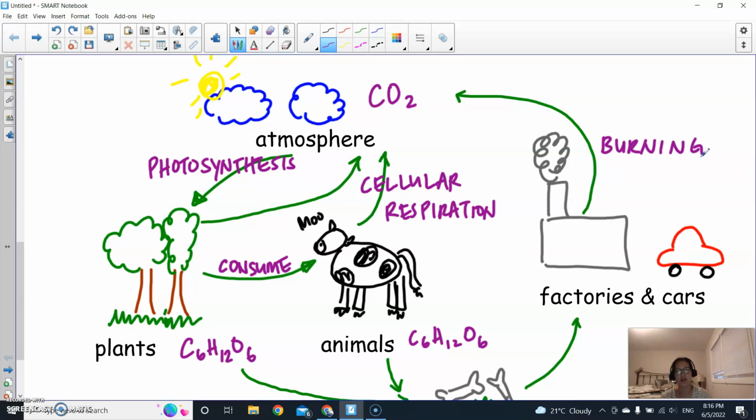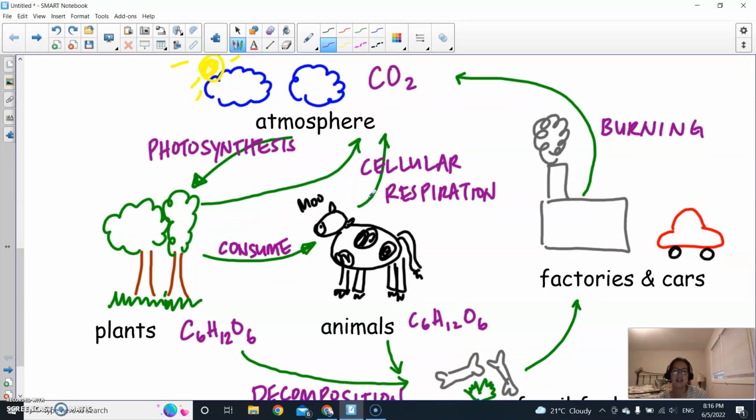Through burning fossil fuels, we return the carbon dioxide to the atmosphere. The interesting thing we see is that there is only one arrow going downwards. There's only one way we can pull the CO2 from the atmosphere, and that's through photosynthesis. But there's three ways, and probably more actually, of putting the CO2 back into the atmosphere.